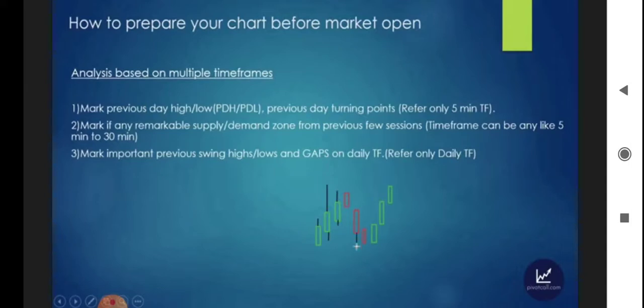Here also let us mark the swing low. Now you know which is the swing high, swing low. This is your swing high and this is your swing low. The extreme end, what you see, that is your swing high and swing lows, one of the important levels.